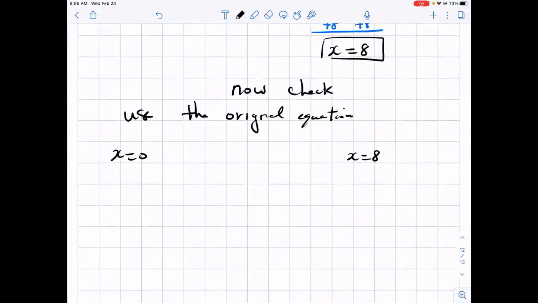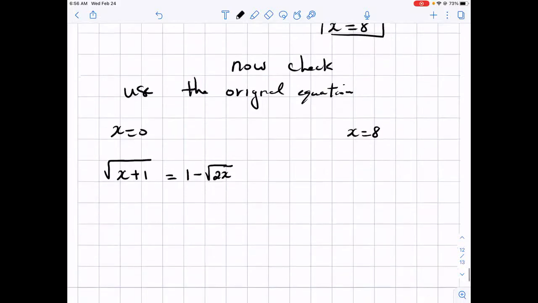And don't forget, the original equation here is the square root of x plus 1, and that was equal to 1 minus the square root of 2x. So we have to check both of them in that equation. That's the original equation.